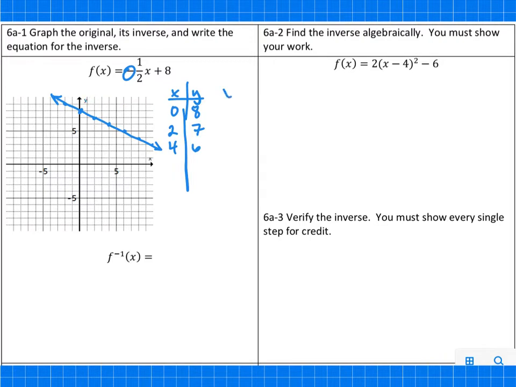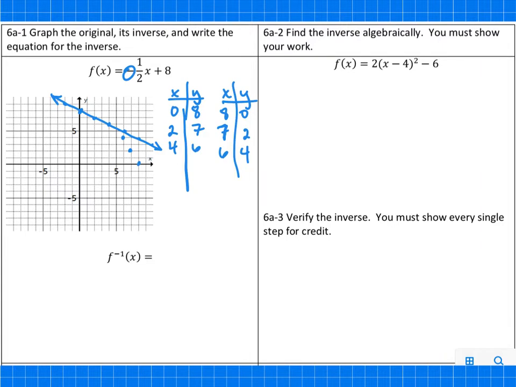I'm going to switch all those. So 0, 8 becomes 8, 0, 2, 7 becomes 7, 2, and 4, 6 becomes 6, 4. I graph those points. 6, 4, 7, 2, and 8, 0.